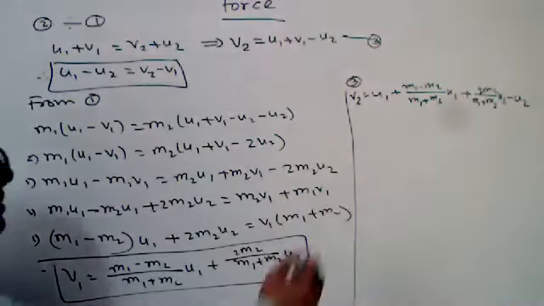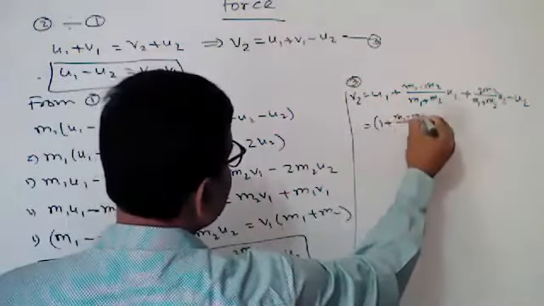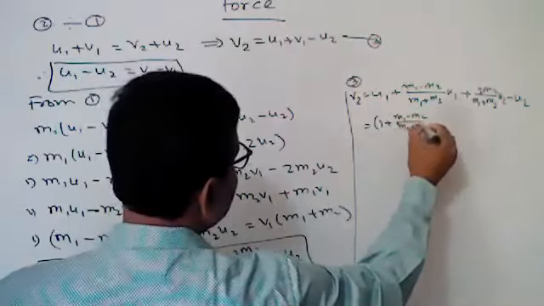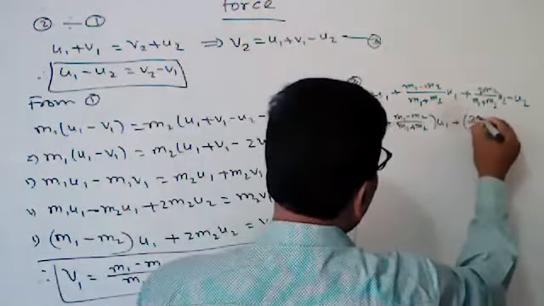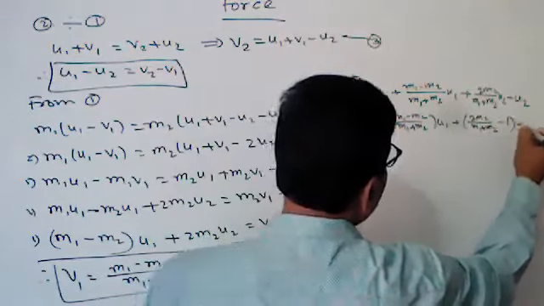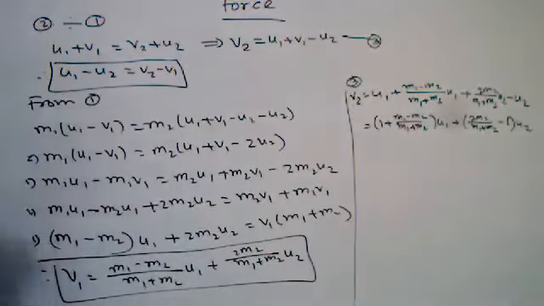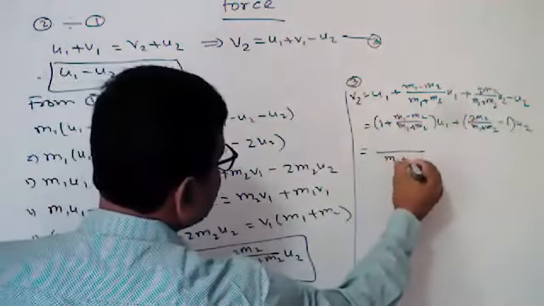Okay, now we consider that: 1 plus (m1 minus m2) by (m1 plus m2) into u1, plus 2 m2 by (m1 plus m2) minus 1 into u2. Okay, now we calculate it. From this, the LCM is m1 plus m2.